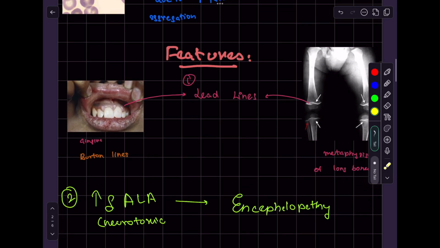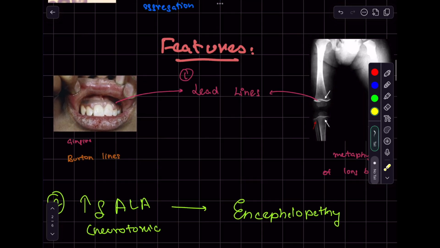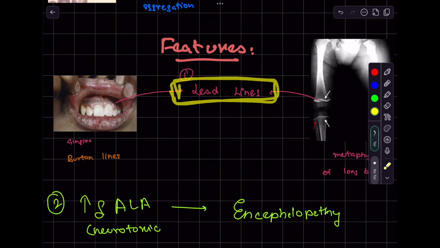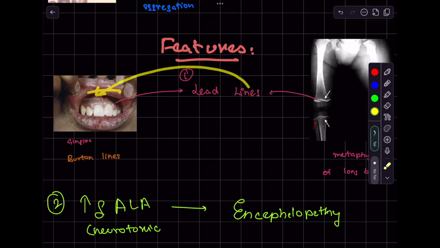Now, when we talk about the clinical features of lead poisoning, the first clinical feature is the formation of lead lines. Lead lines are caused because of the deposition of lead, which could be seen in the gingiva in terms of Burtonian lines, or deposition of lead in the metaphysis of long bone.